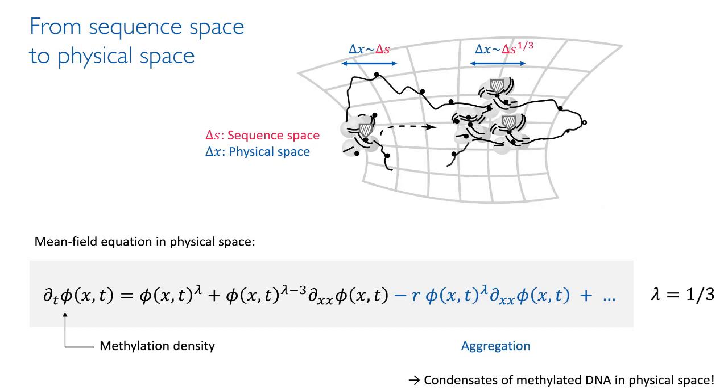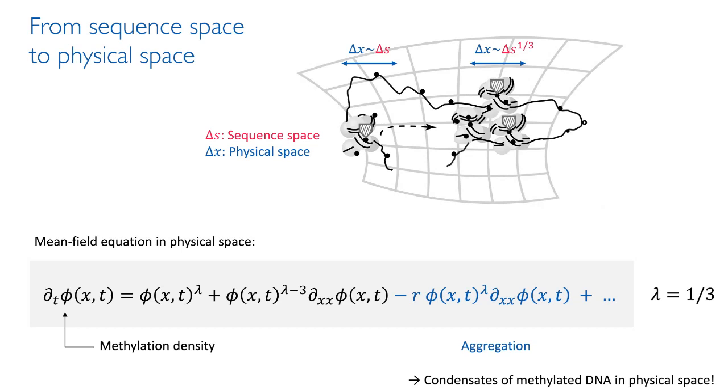And this mathematical description, which we can derive, as shown here for the experts in the room, resembles those descriptions that are used in phase separation phenomena, such that our prediction is that this de novo methylation process leads to the formation of condensates of methylated DNA in the nucleus.